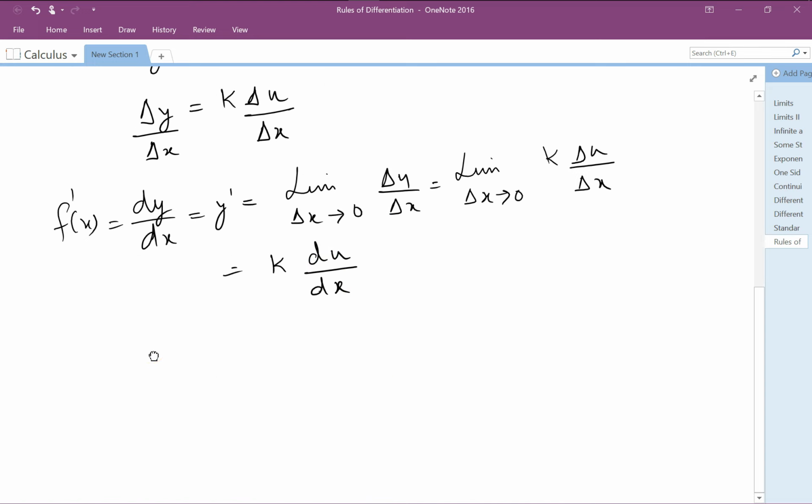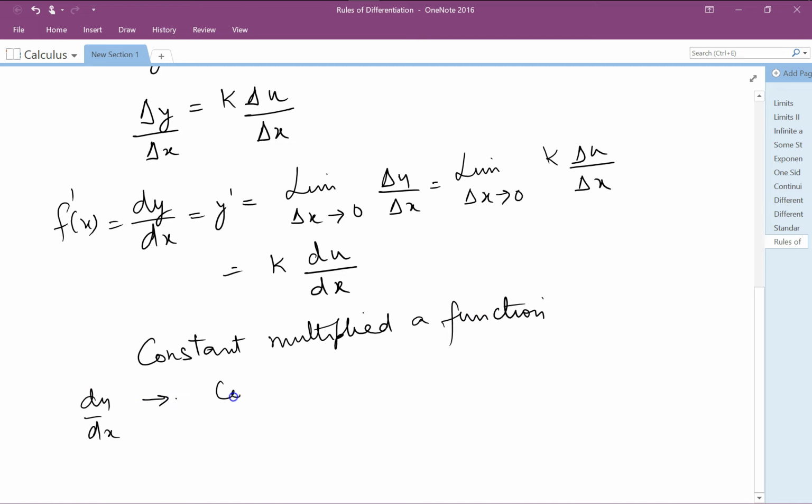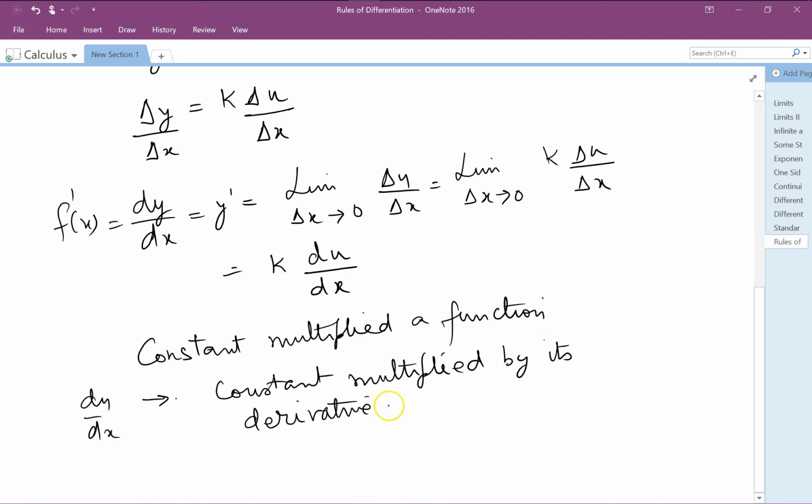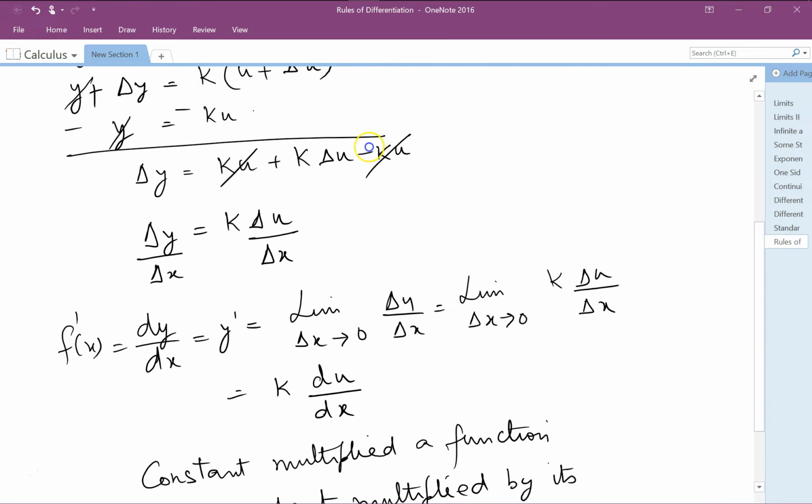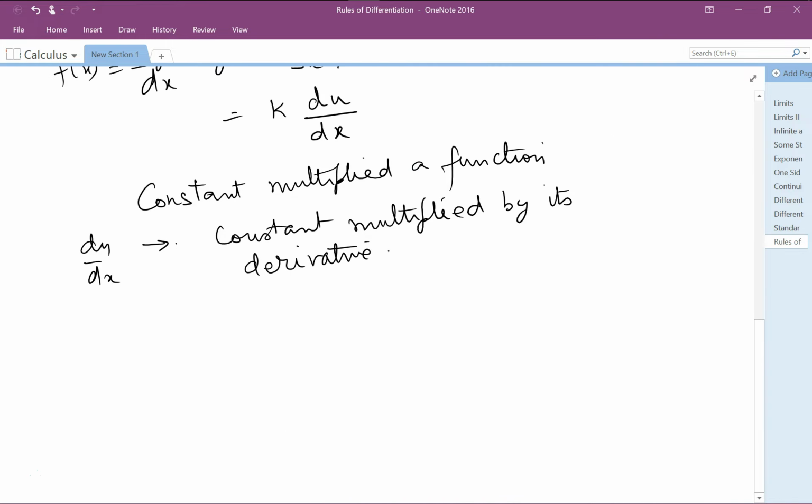So which means constant multiplied by a function, its derivative is constant multiplied by its derivative.